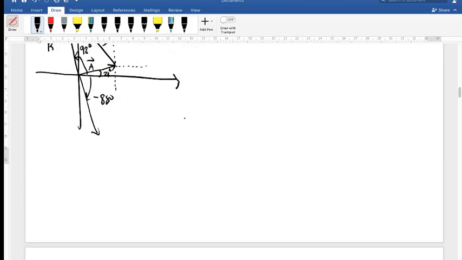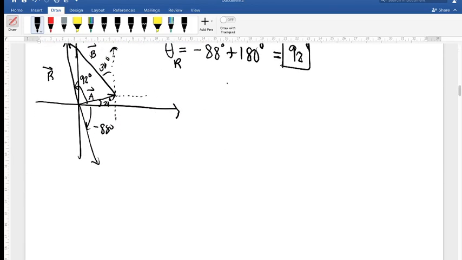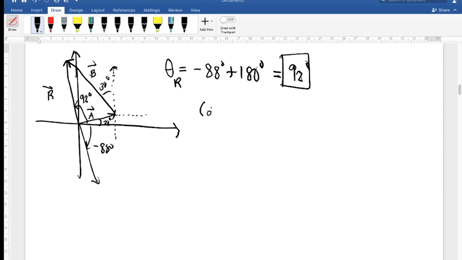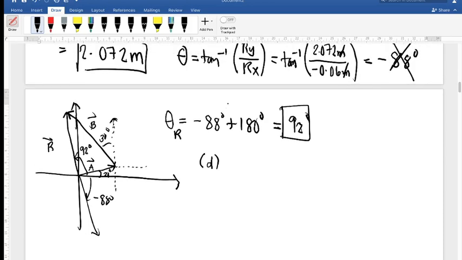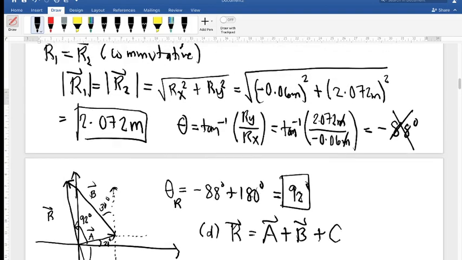So here, nakita naman natin na na-express na natin yung A, B, at saka ni C in terms of unit vector. So why not let R become your resultant vector of A plus B plus C. So you just have to substitute the value of A in terms of unit vector.